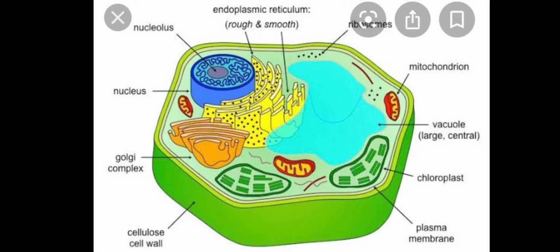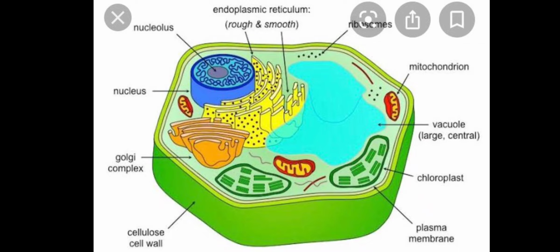So the endomembranous system is formed of four cell organelles, that is endoplasmic reticulum, Golgi body, vacuoles and lysosomes. These four organelles are forming the system. That system is known as the endomembranous system. This endomembranous system is basically helping in transportation and manufacture of material from one part of the cell to another part. Now we will discuss the endoplasmic reticulum first.